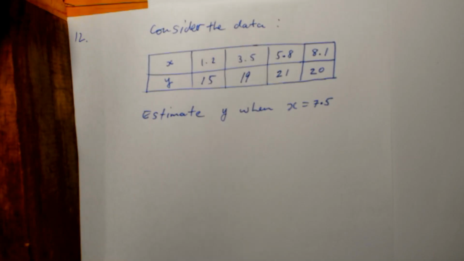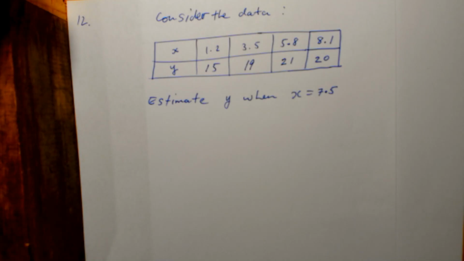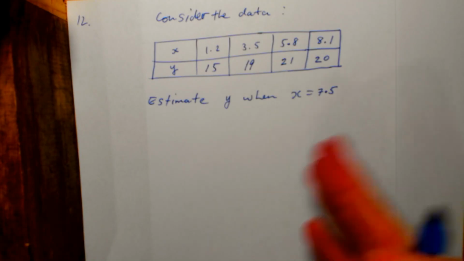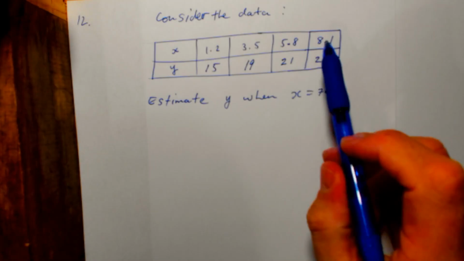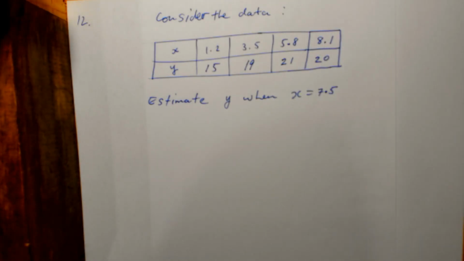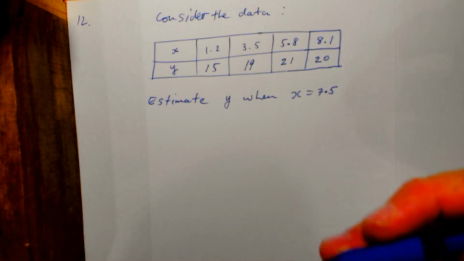Now I've got one more question. So this one says, consider the data. I've just got some made up data here that I made up myself. Estimate y when x is 7.5. Now notice we're going to do interpolation here, or linear interpolation. So 7.5 is between 5.8 and 8.1.